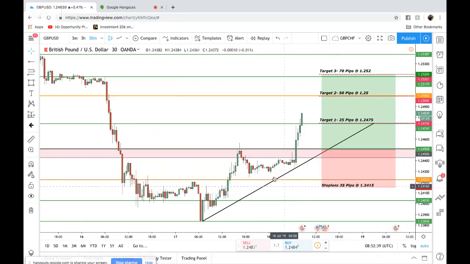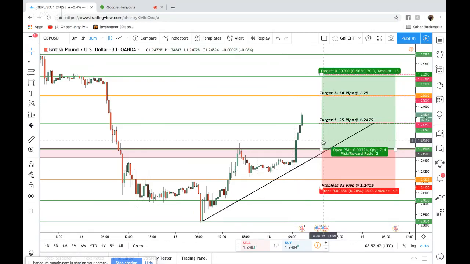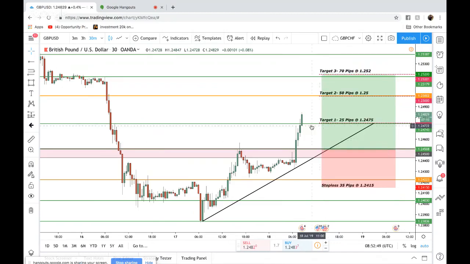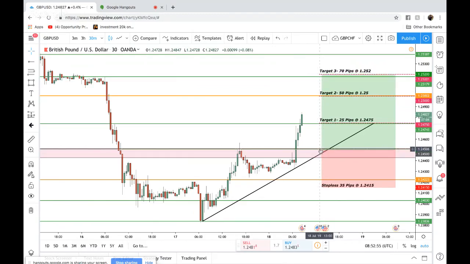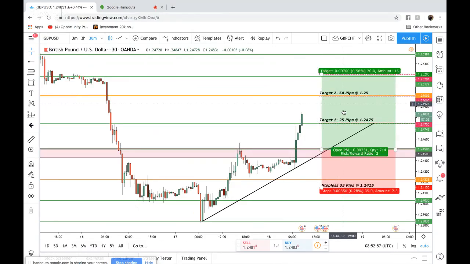Now in this case, since we're not entering immediately, you can do one of two things. Me, I'd wait, if I'm obviously awake, to see it drop here, show me some rejection, maybe some divergence or some rejection type of candlestick. Then I would look for the entry.